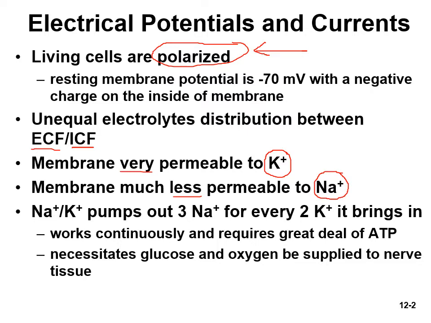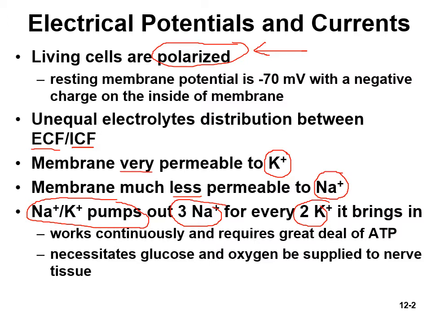Now your body will spend a lot of ATP to maintain the sodium-potassium pump, and this pump is embedded within the cell membranes. What it does, on a continuous basis, is regulate how much electrical current is being displayed through the cell membrane, and it does so by pumping out 3 sodiums for every 2 potassium ions that it allows to enter inside of the cell.